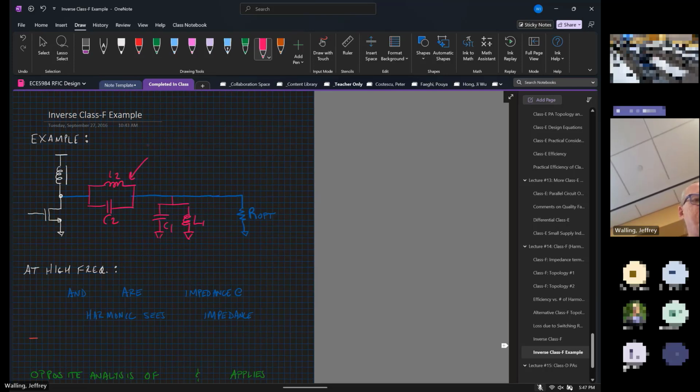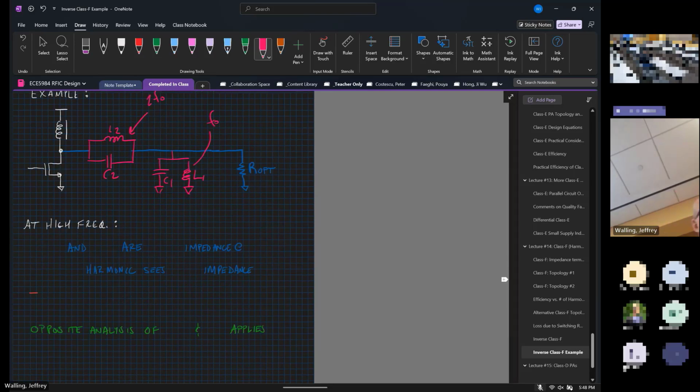So this network is tuned to 2 F naught. This network is tuned to F naught. At high frequencies, C1 and C2 are low impedances.